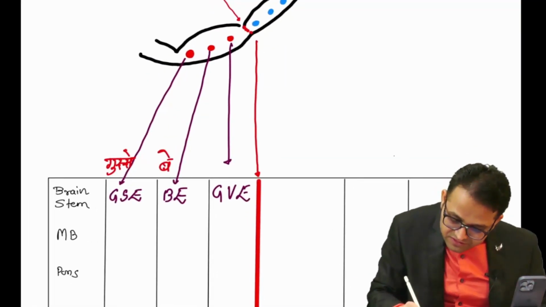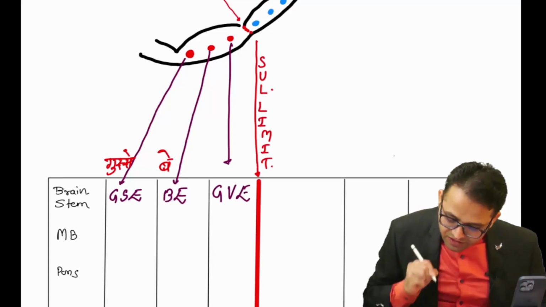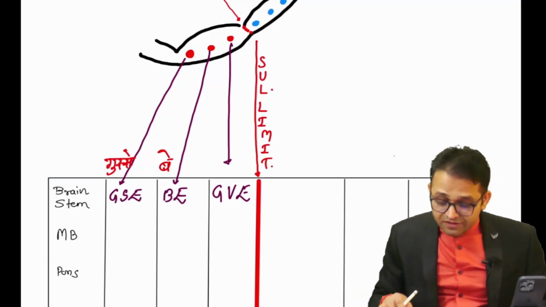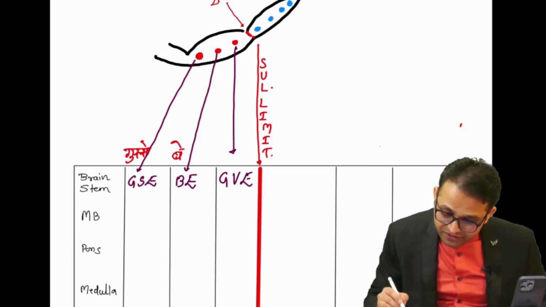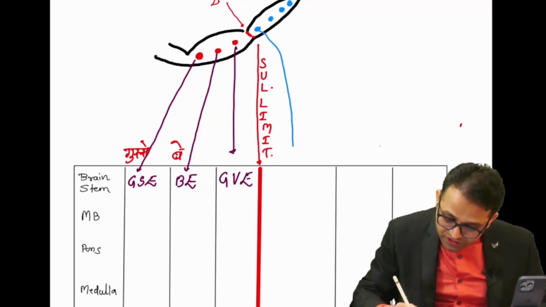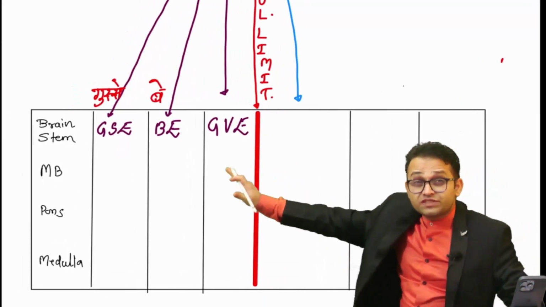Yes sir, this is our sulcus limitans. Can you tell me what the next one will be? Definitely sir, that will be efferent. These blue colors are showing the efferent. The next was gusse, be, gue.